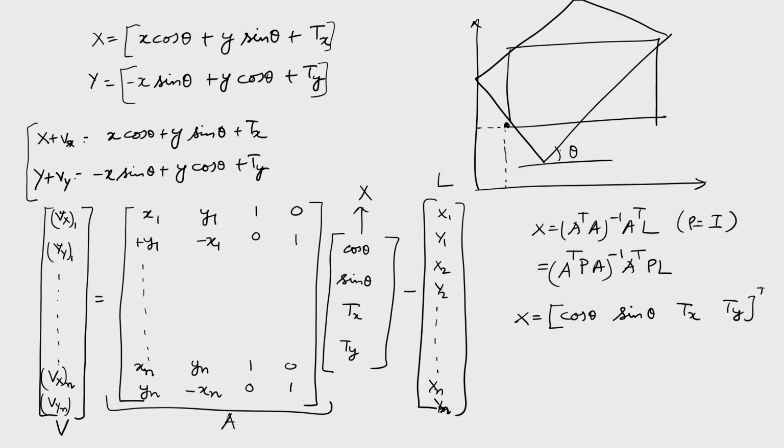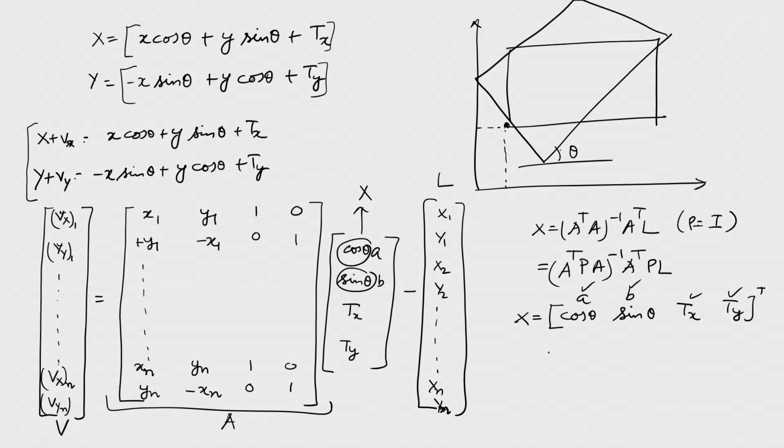So, basically what I have done here, I have assumed cos theta and sin theta as parameters A and B. Similarly, so I am writing here A and B. Then I have 4 parameters 1, 2, 3, 4, but I have not determined theta. Theta I have to determine after finding out A and B, then I will write tangent theta equals B upon A, and then theta equals tan inverse B upon A, right.